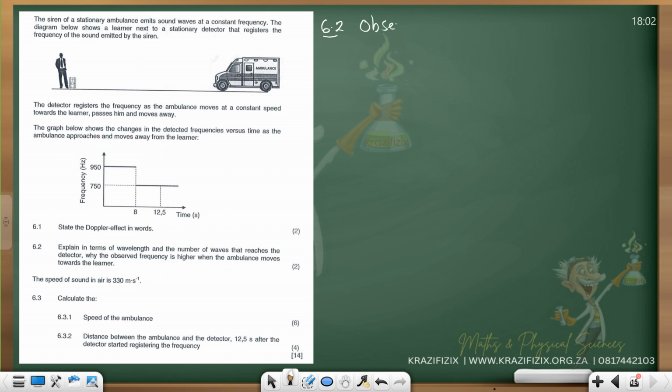Observed frequency, just repeat quickly. Observed frequency as source moves towards listener is higher. And the question is, why? Reason.